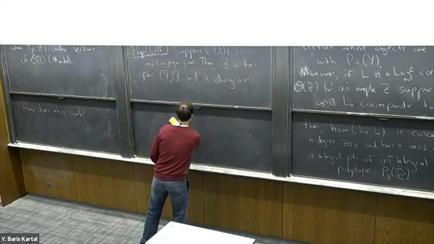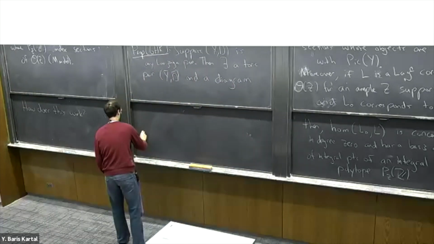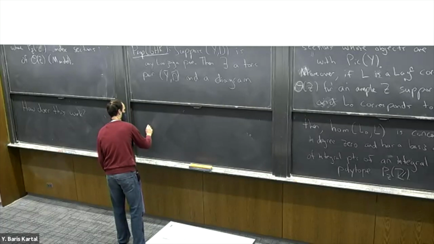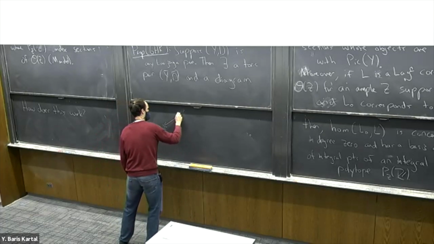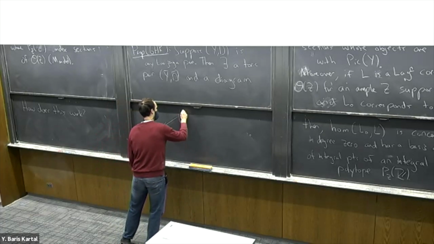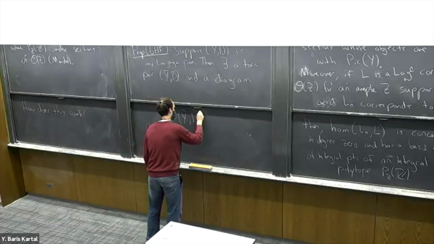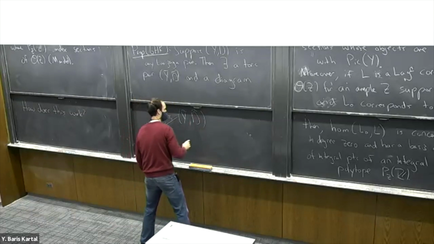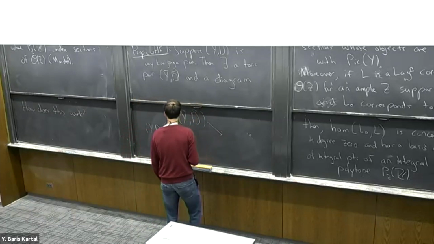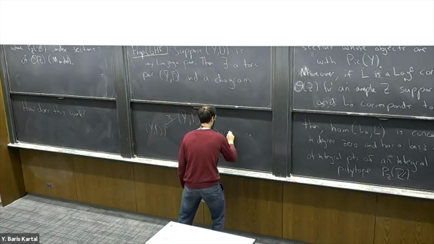So I start with my pair YD, then I do something, get some other pair Y tilde, D tilde, map this pi1. These are all birational morphisms. And here's my toric pair.